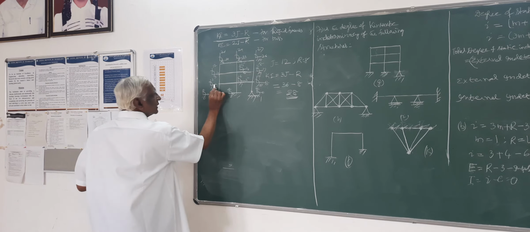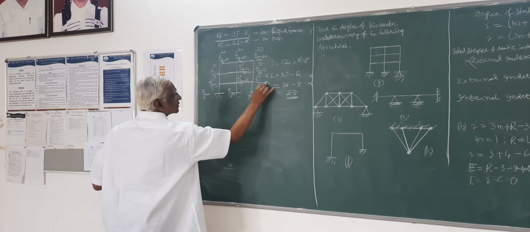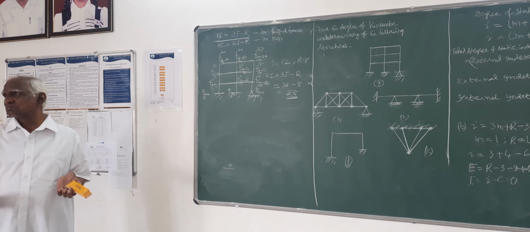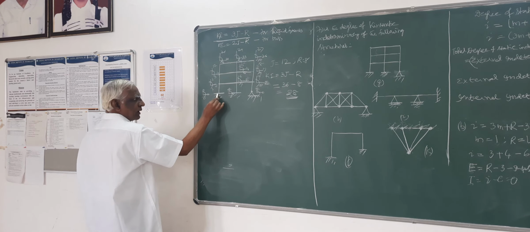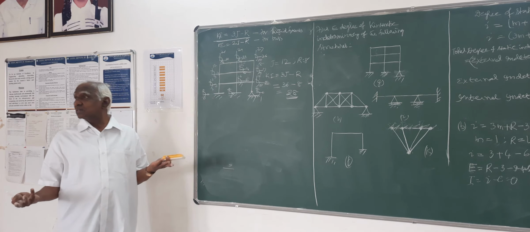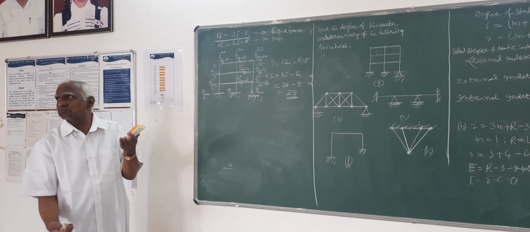So these 2 become 2, this also becomes 2. They are not different. Then vertical, if this moves, this also should move, which is not possible because at the base it is held here.